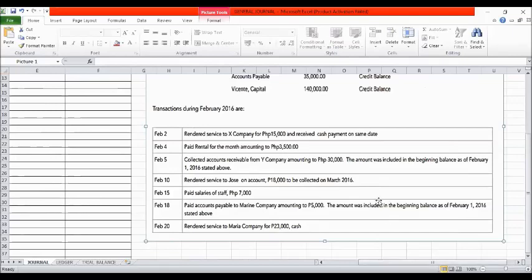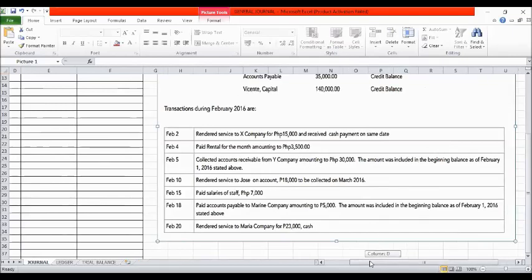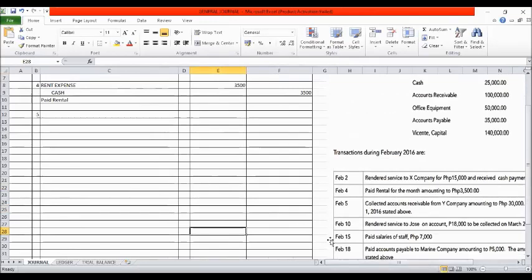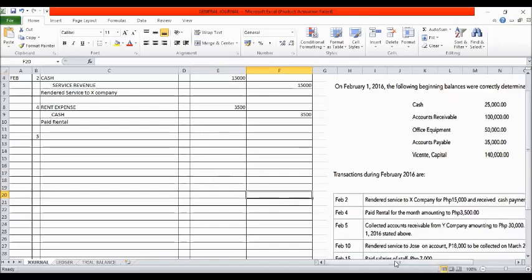So pampalito lang itong "the amount was included." Dito tayo mag-focus: collected accounts receivable from Y company amounting to 30,000. Ang ibig sabihin nito is isang client natin nagbayad siya sa atin ng 30,000. Kumbaga nagbawas siya ng utang sa atin ng 30,000.